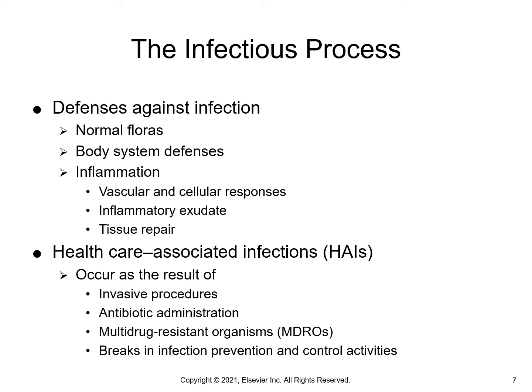We're in pretty good shape, because we have normal flora, for example, that live on the skin. Why do they live on the skin? Because they're like soldiers, they occupy the land, and they don't allow other more vicious organisms to come and occupy the land.